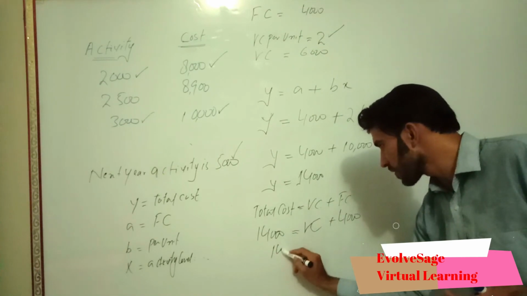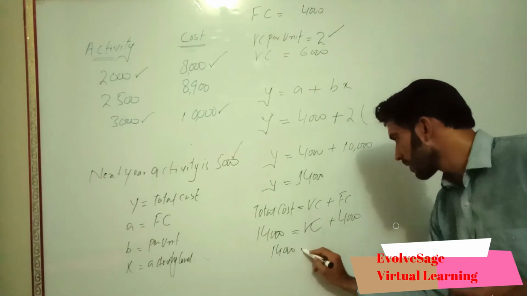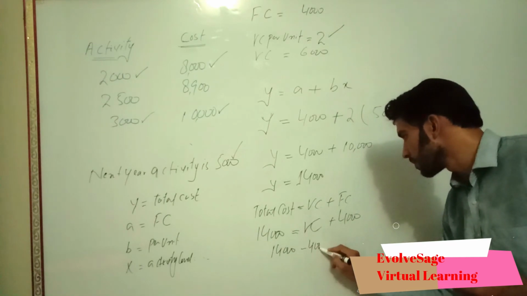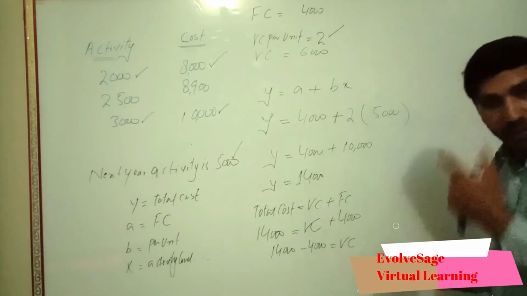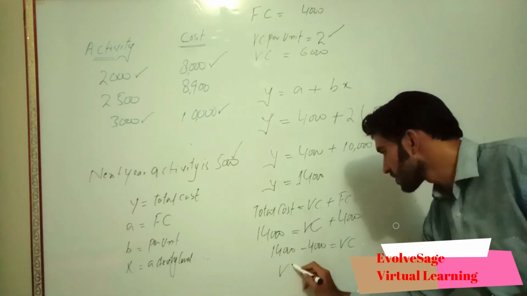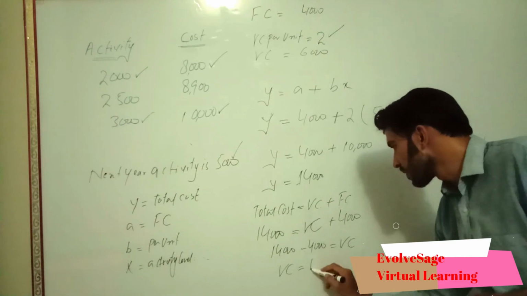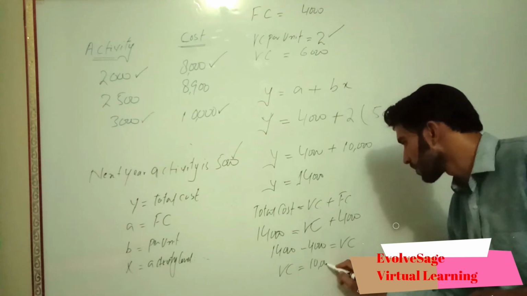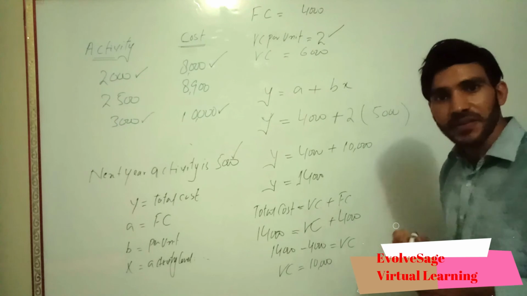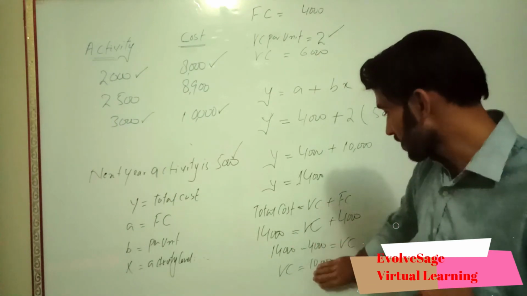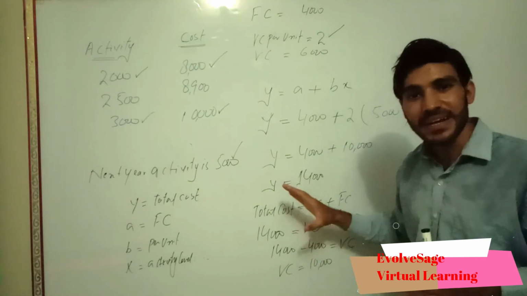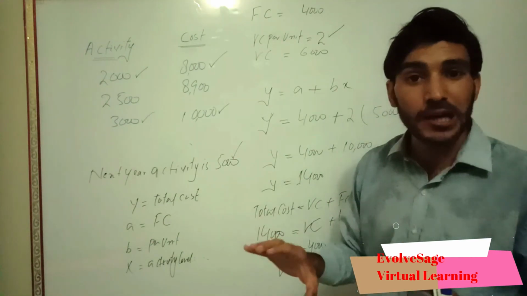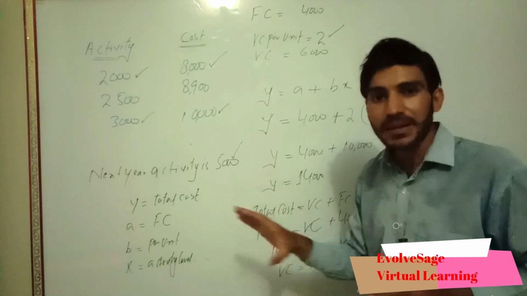So 14,000 less 4,000 equal to variable cost. So variable cost equal to 10,000. It is very simple to calculate. By using the high-low method, we have calculated our fixed and variable cost.